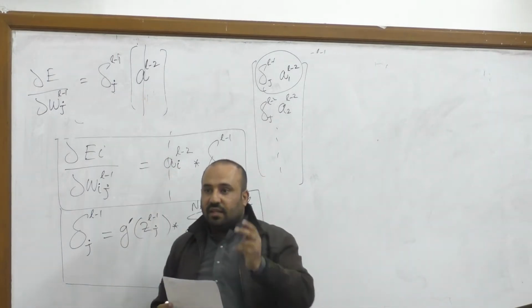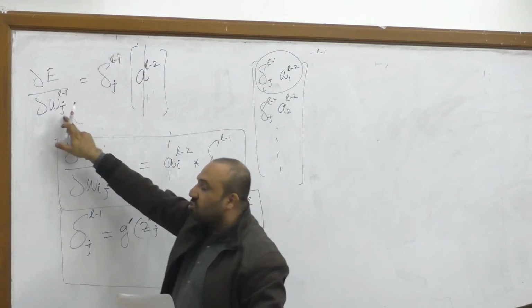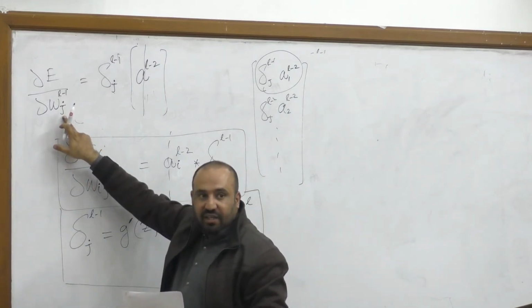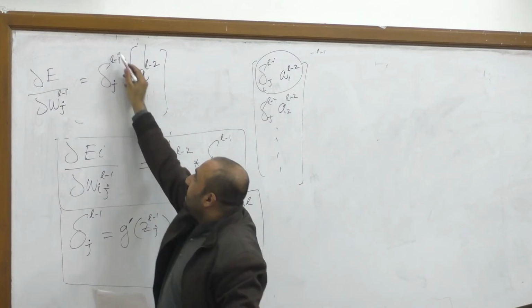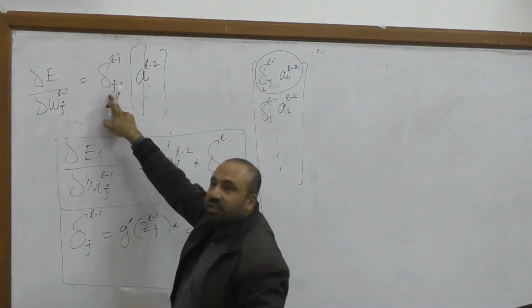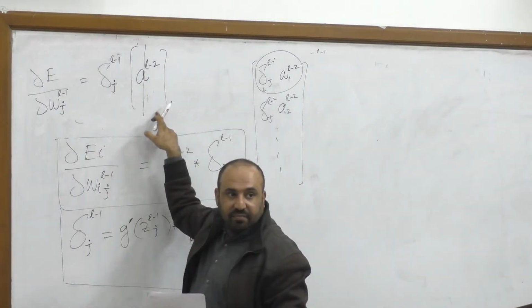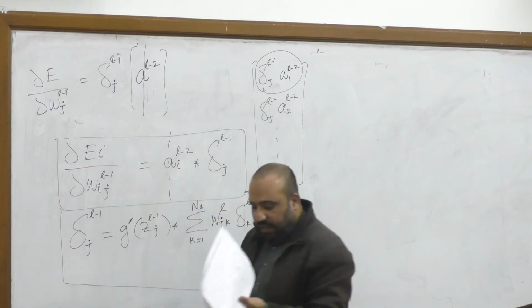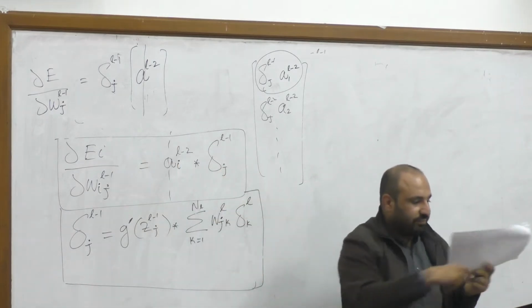So actually, if I pick different neurons and want to take the derivative with respect to their weights, this is the part that is actually changing. This is staying the same. Yes? So I can rewrite this as the following.